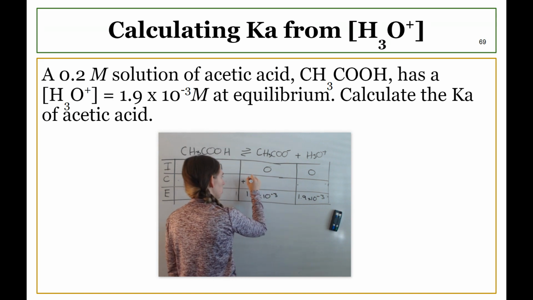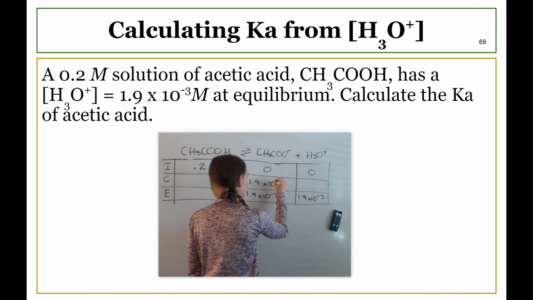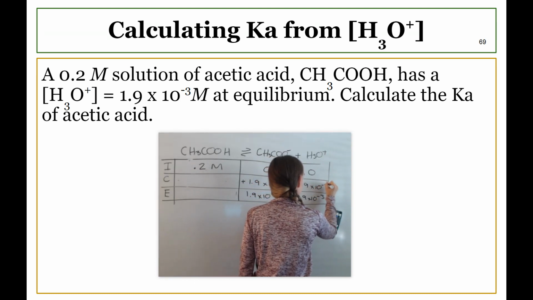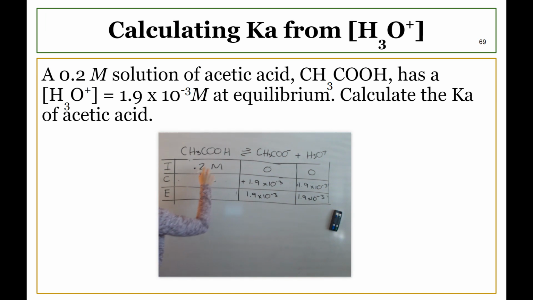Therefore, the change is here, which means our acetic acid decreased by that much, that same value. Therefore, we have 0.2 minus 1.9 times 10 to the negative 3. Plug this all in.